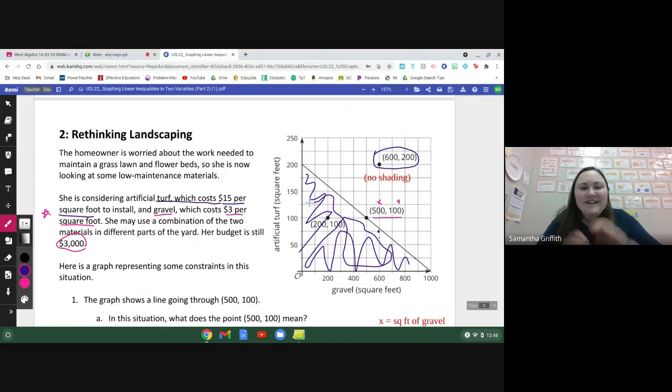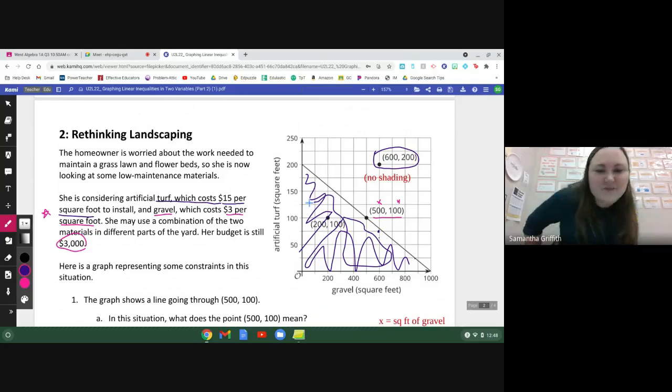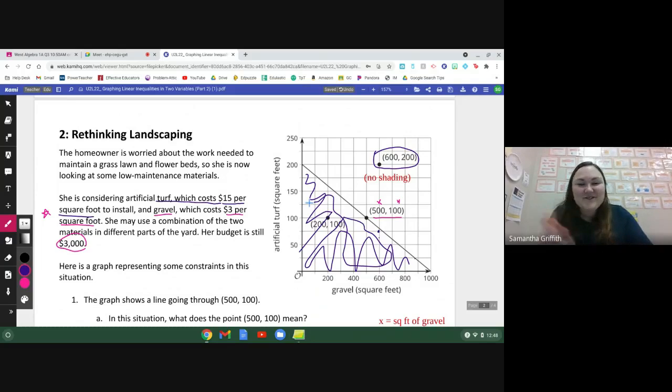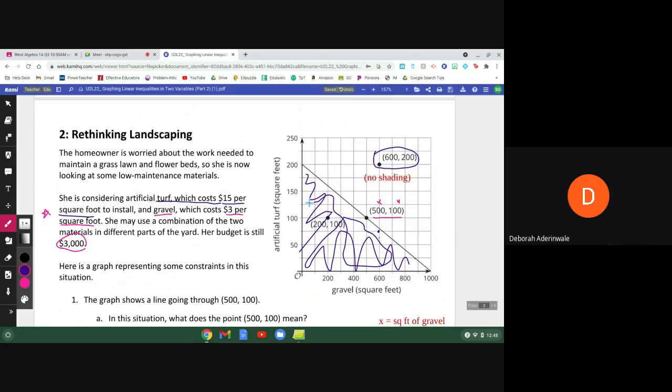Yeah. And what does it mean to be a solution in this situation? I agree with you. It's a solution. It meets the constraint. Who can add on to that? It meets the budget constraint of 3,000. Yeah.